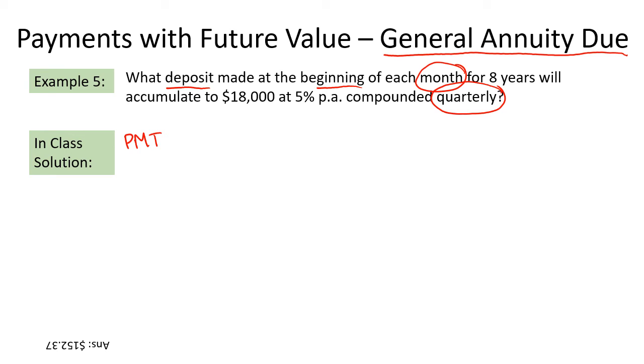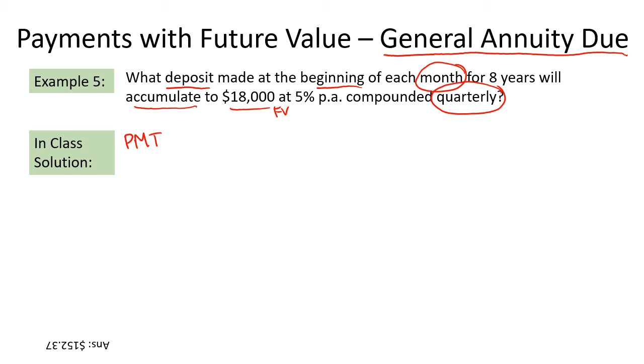And it's asking what deposit is made if it accumulates to $18,000. That's telling you that $18,000 is your future value. Okay, so you know it's a general annuity due. You're given your future value and you're trying to find your payments. Okay, that's the first set of steps that has to go through your head before you pick a formula.